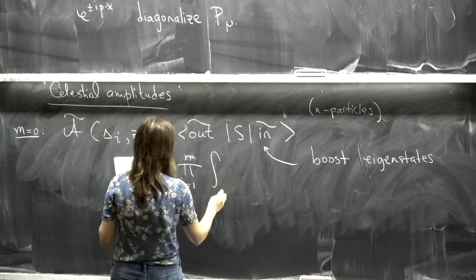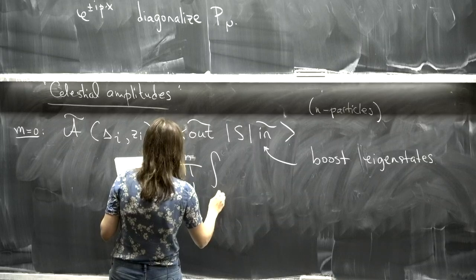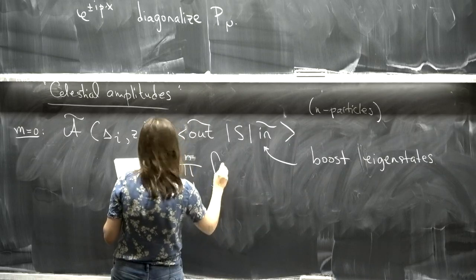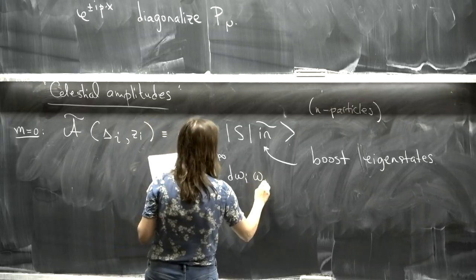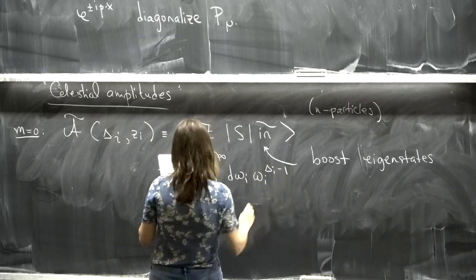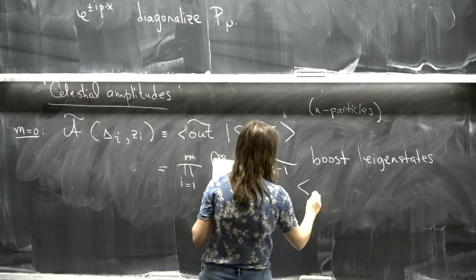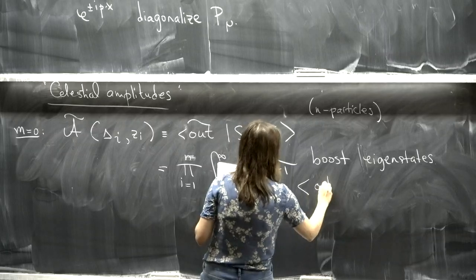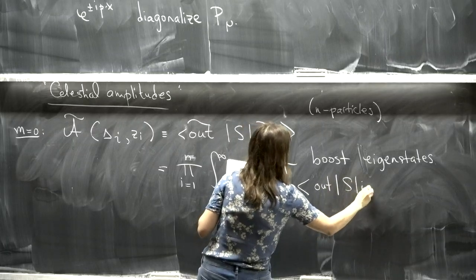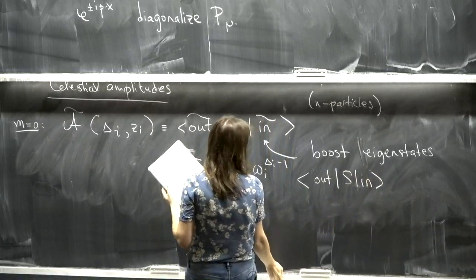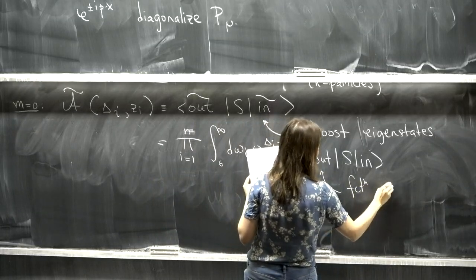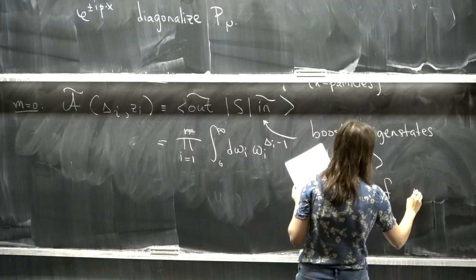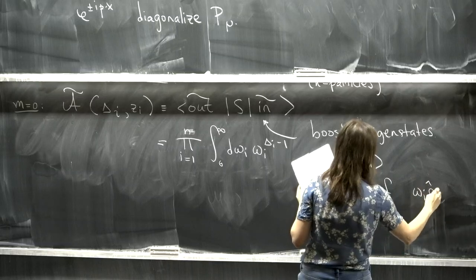So we have a product over I, from 1 to n, of the integral from 0 to infinity of d omega I, omega I to the delta I minus 1. And then we would have the standard scattering amplitude, which is a function of the external momenta omega I q hat I.